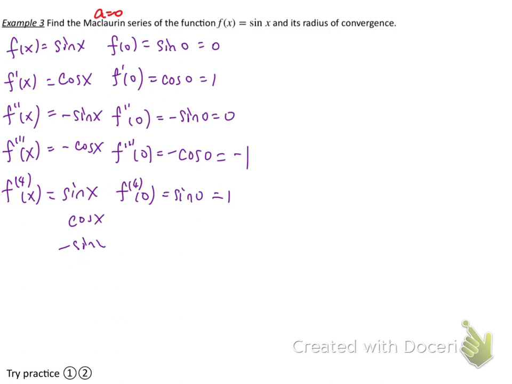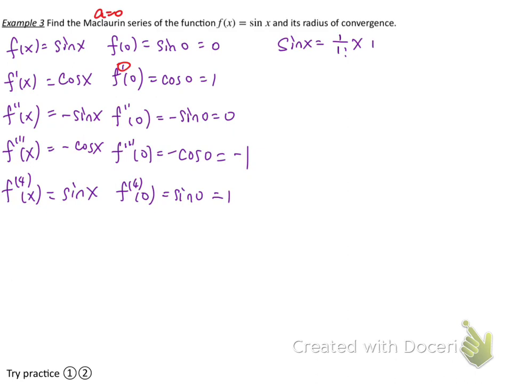So let me take those away because they are sort of ugly. Then our sine x, if you look at the beginning terms, 0 doesn't really do anything. So the first term is 0. Then the second term will be 1 over 1 factorial times x to the first power. Then the second derivative gives 0, so we pass that term.